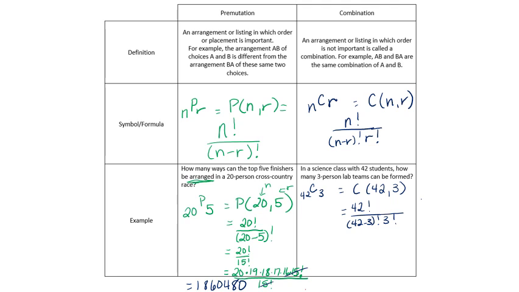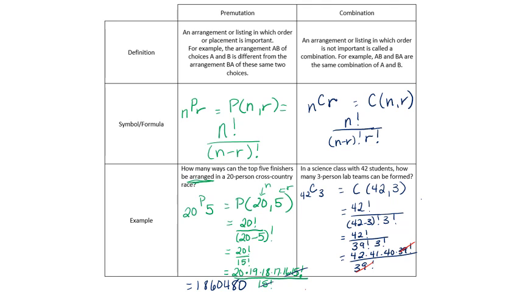And again, if I want to solve this without typing too much in, 42 minus 3 is 39. So I would do 42 times 41 times 40 times 39 factorial. So 39 factorial, again, I'm trying to get those to cancel out.